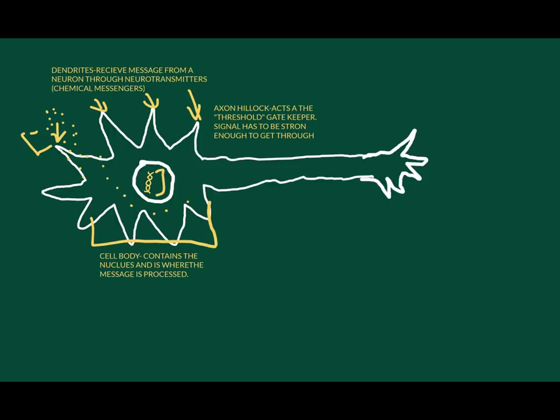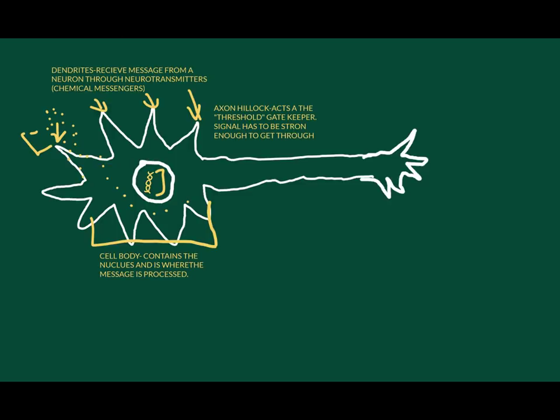It's known as the threshold, which basically means that the message that is integrated in the cell body has to be strong enough to overcome this threshold. That's kind of like the minimum strength that the signal has to be in order for it to keep moving forward. All right, so we're going to assume that the signal is strong enough to go past the axon hillock.